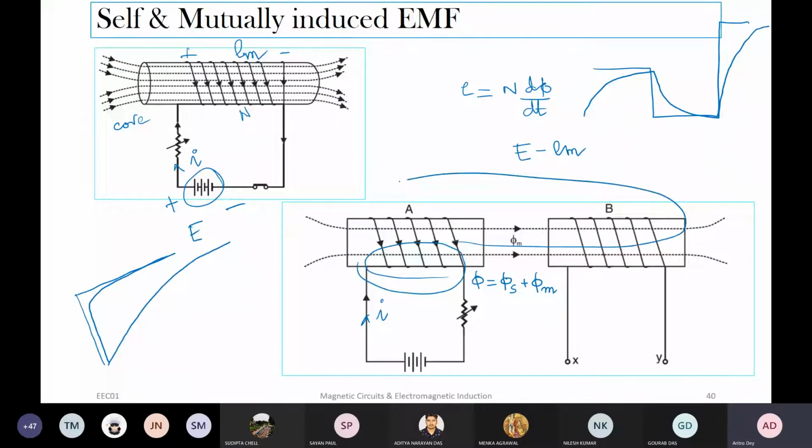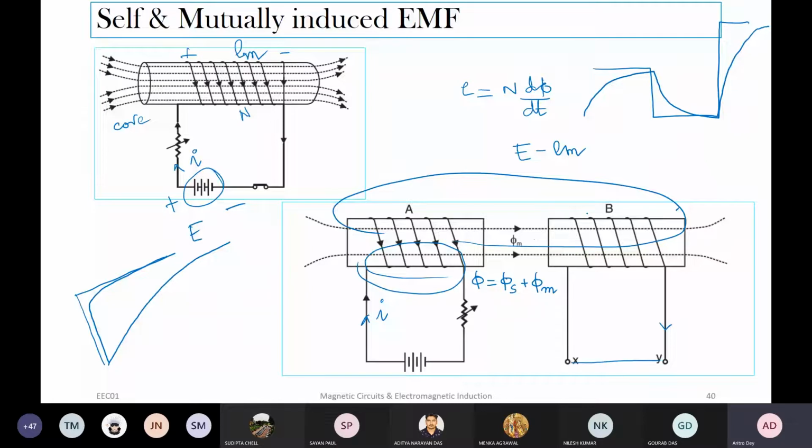So like this. So phi m is the mutual flux, that phi which is shared by the other coil. So this is a mutual flux linked with the other coil, and that will also develop an EMF. And once you close this circuit, a current will flow through it so that it can oppose its cause, right?